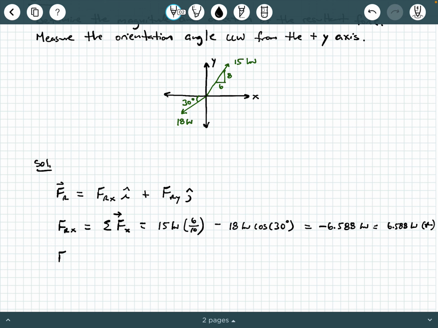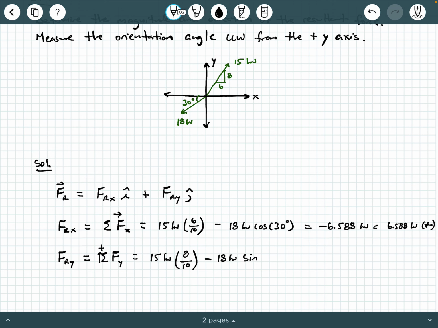I'm going to do something similar for the y component of the resultant force. I'm going to say it's the sum of the y components, taking things pointing up as positive. I'm going to say 15 kilonewtons times what? It's going to be times 8/10. And then minus 18 kilonewtons times what?